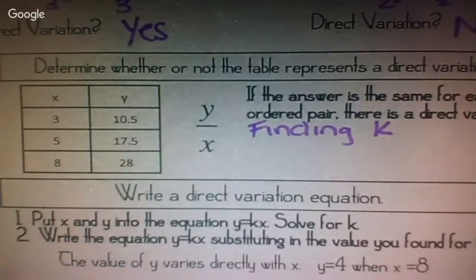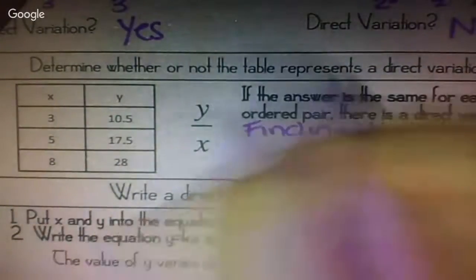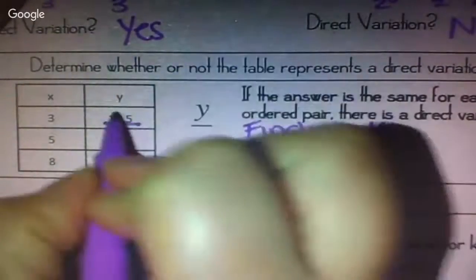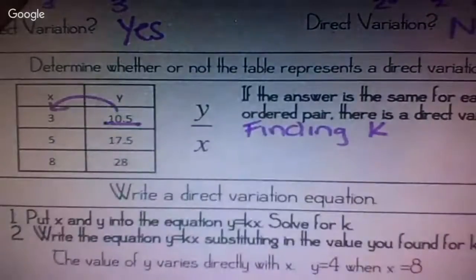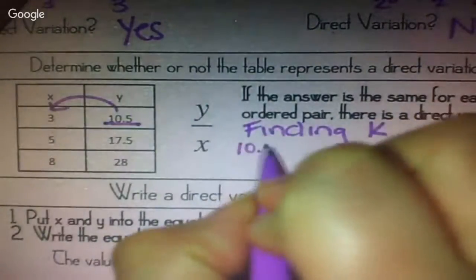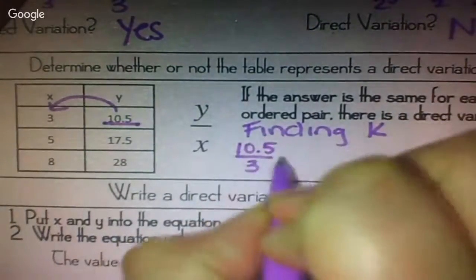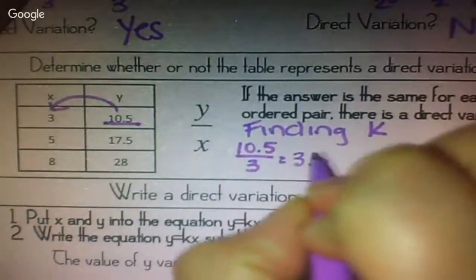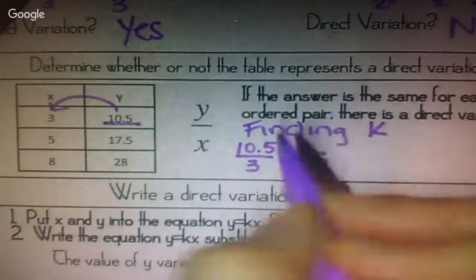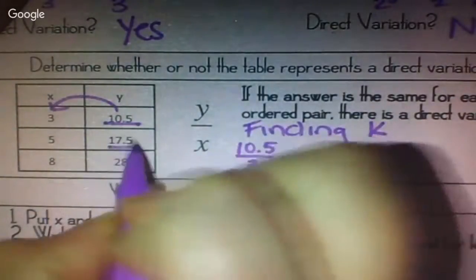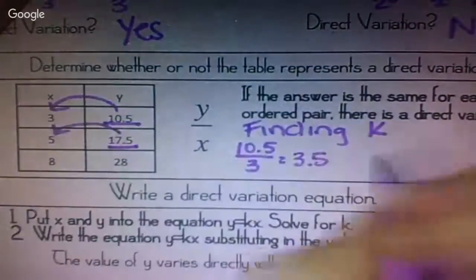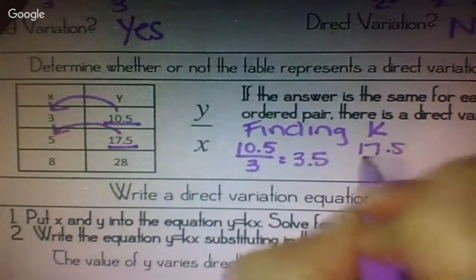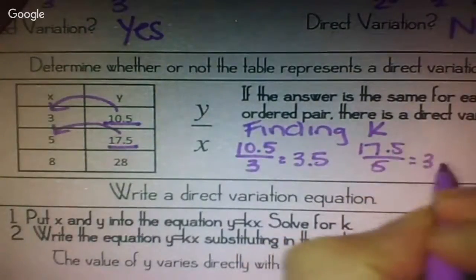All right, so we need to take each y value and divide by the x value. So 10.5 divided by 3 is 3.5. We need to check every value to make sure that it's going to work. So 17.5 divided by 5 is 3.5 again.